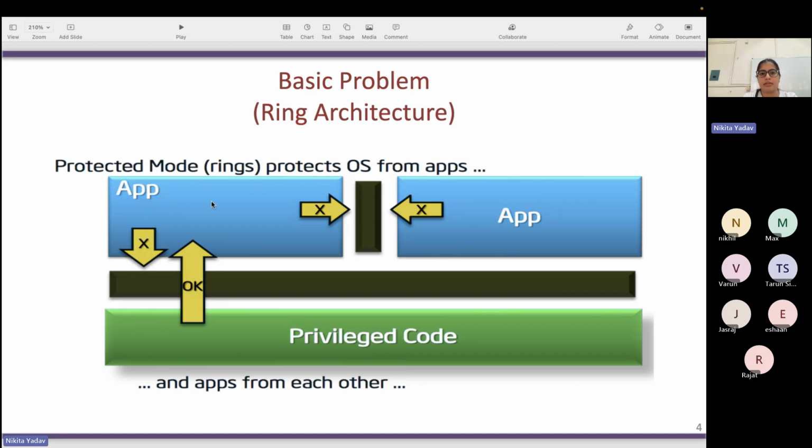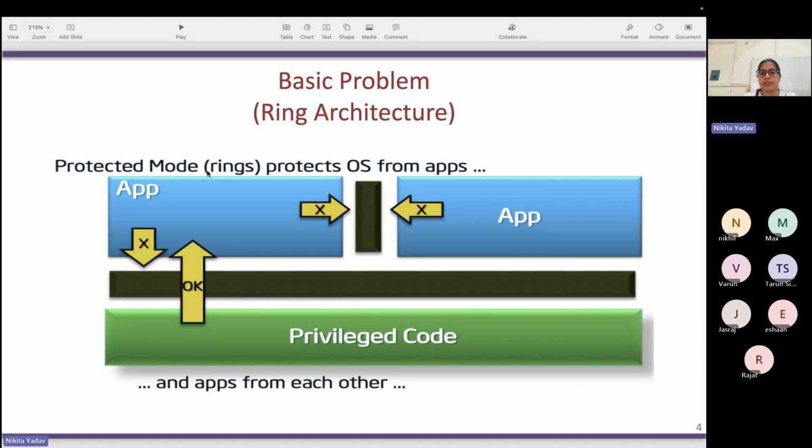So that's the ring architecture. This protection, basically this isolation, is provided with the ring architecture in Intel. And similar protection modes exist in ARM, and those are called execution levels. There are also four execution levels in ARM, EL0 to EL3.